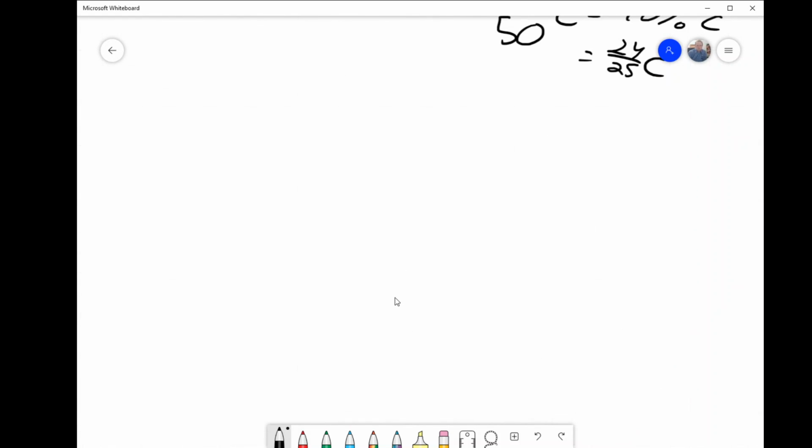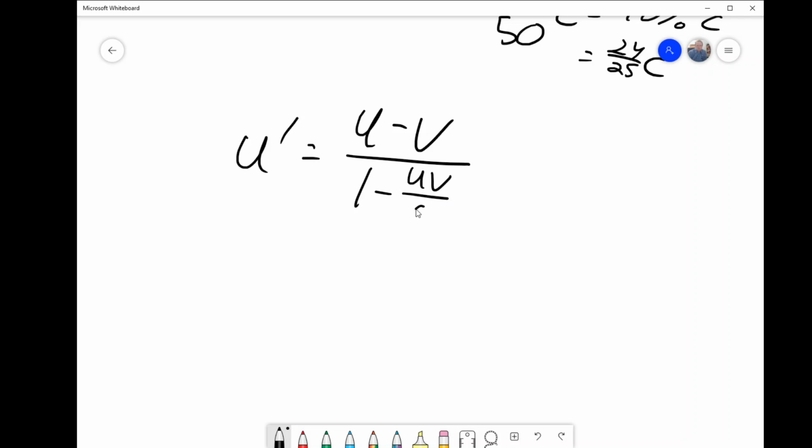So if you were to actually take this expression and you plot it as u goes from 0 to c, you can even go from minus c to c if you want, you will see that u primed also stays within that minus c to c range.